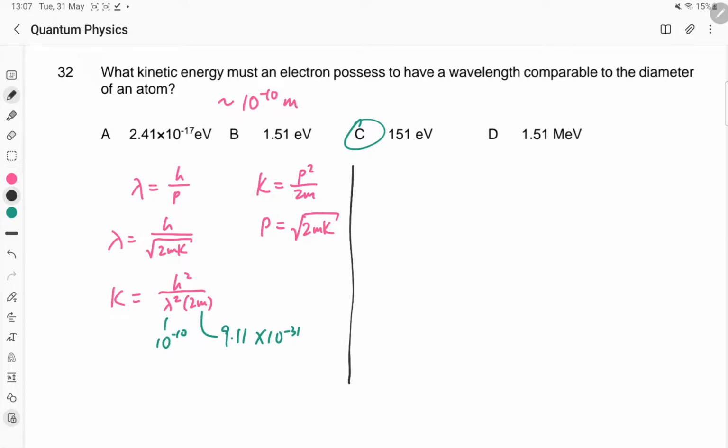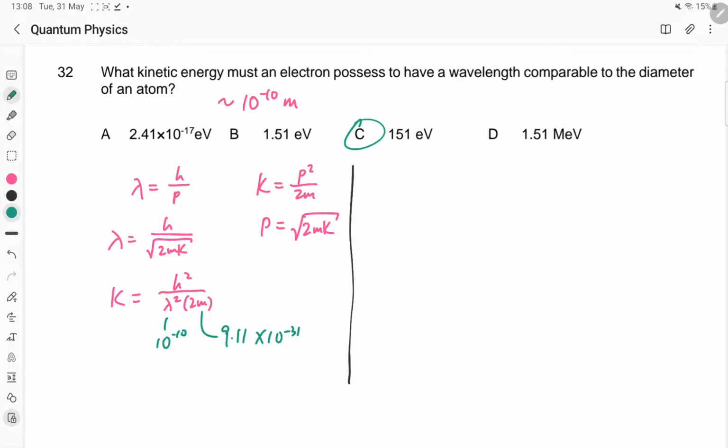Like for line spectra or for the photoelectric effect, it will always be very helpful to know the energy of, for example, visible light photons, or like 1.7 to 3.1 eV. There are also some numbers we need to know at our fingertips for the de Broglie wavelength for electrons.